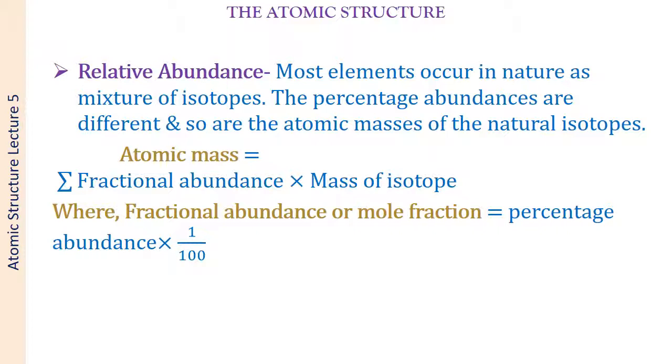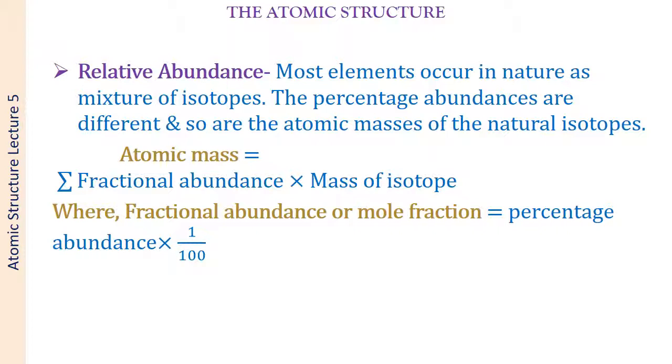Mass number is for an individual atom of the element, being the number of protons and number of neutrons. And when we say atomic mass, it is actually the average of the atomic masses or the mass numbers of all the natural isotopes.